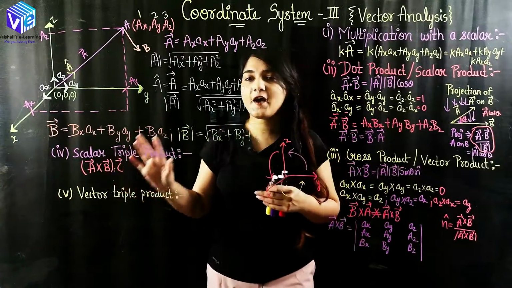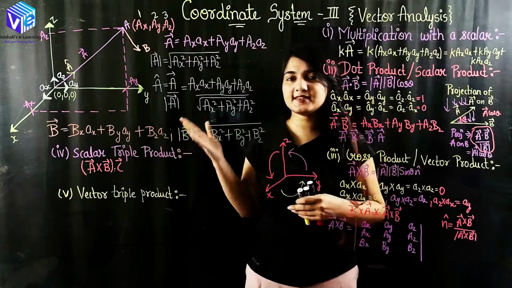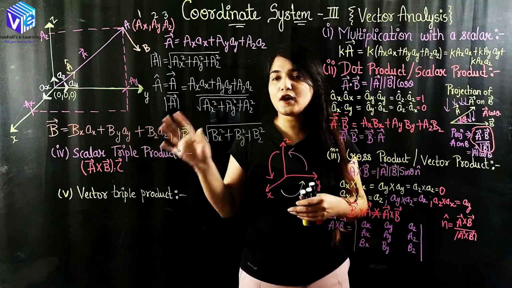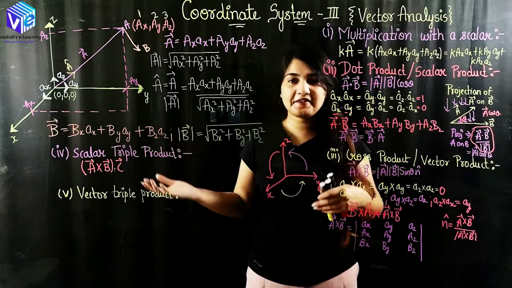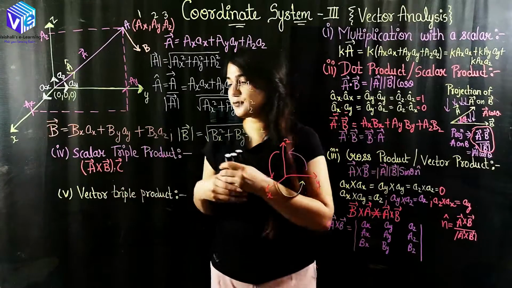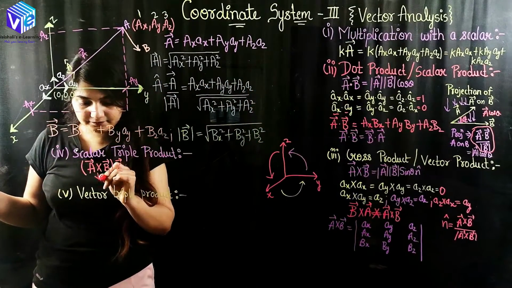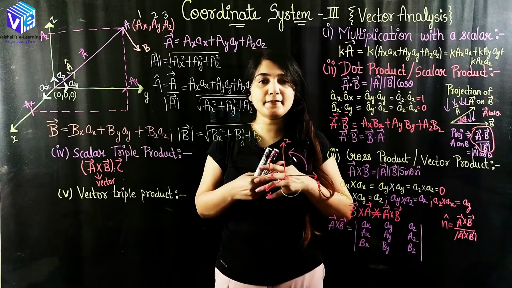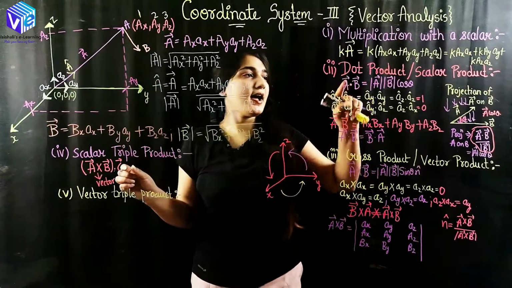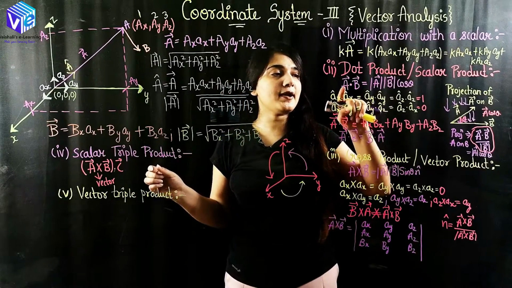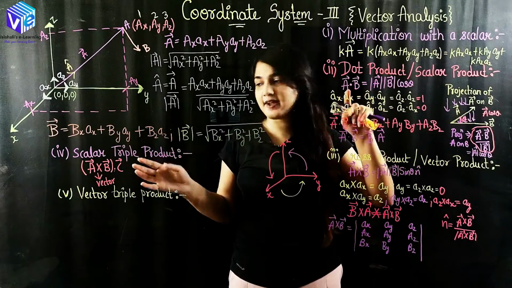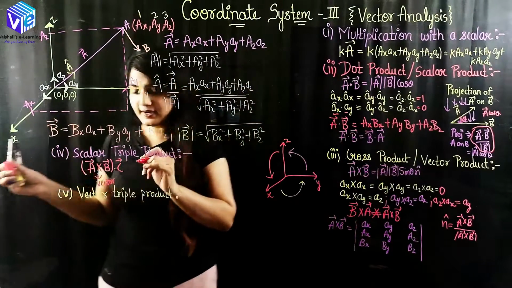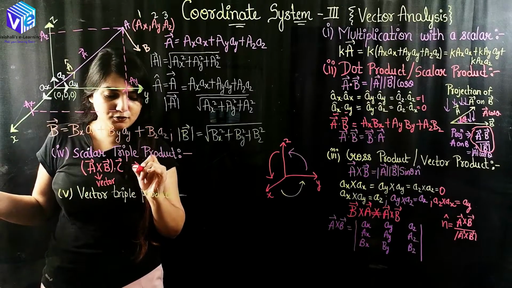So if I have three vectors, I can represent the scalar triple product with the formula A cross B dot C. Now here A cross B will be giving me a vector output. Obviously the dot product has to be with a vector, just as I had the dot product where A vector was dotted with the B vector. So here A cross B will be giving me a vector.